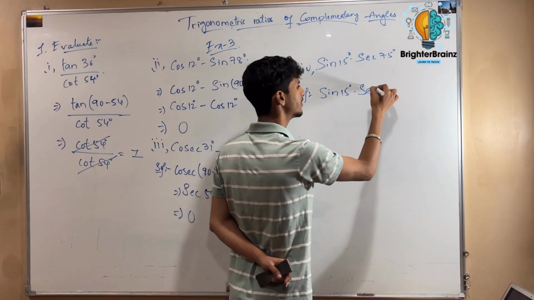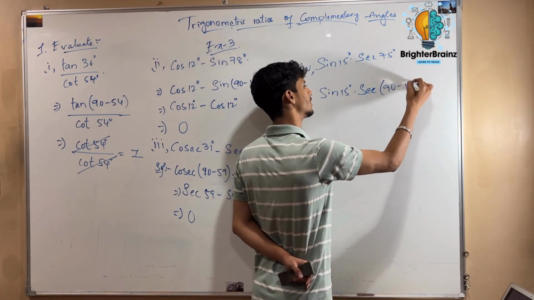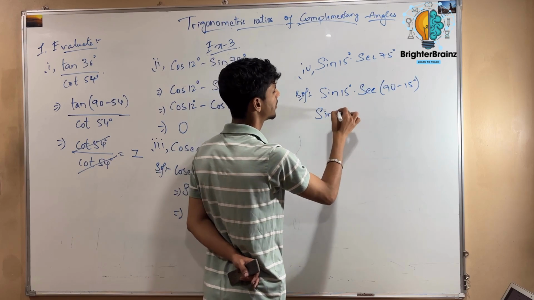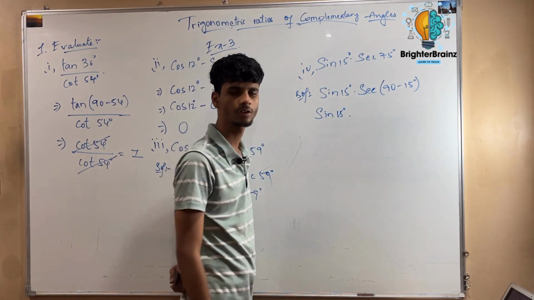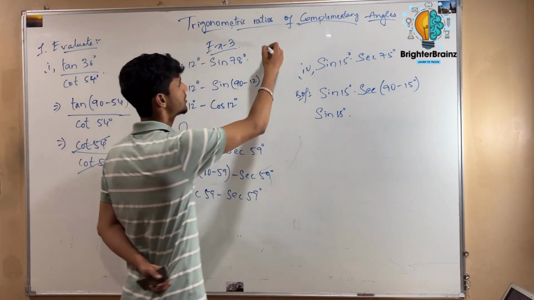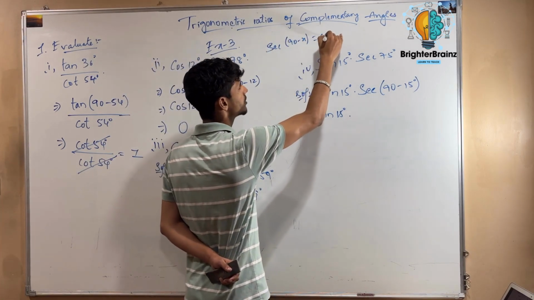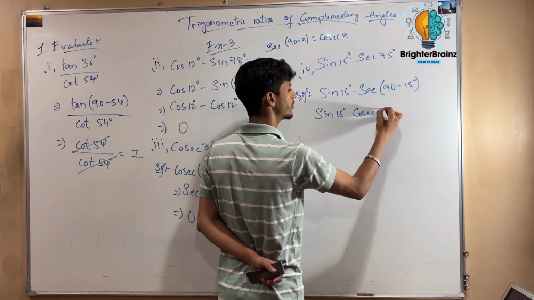Now can we split this 75 as 90 minus 15? Then sin 15 degrees into secant 90 minus x becomes cosecant. Secant of 90 minus x is equal to cosecant x. That is cosecant 15 degrees.